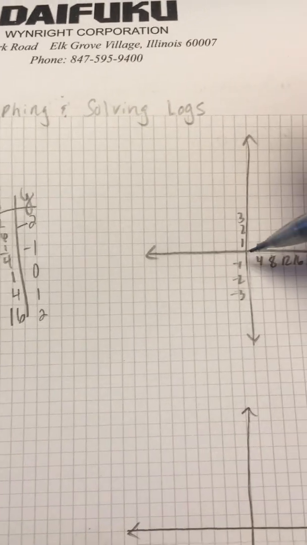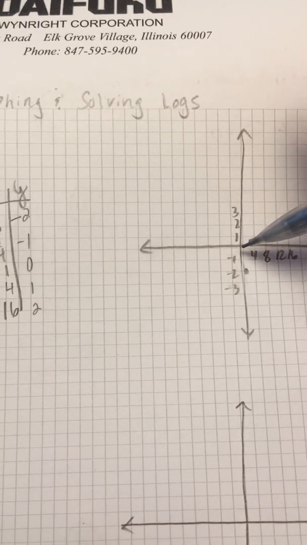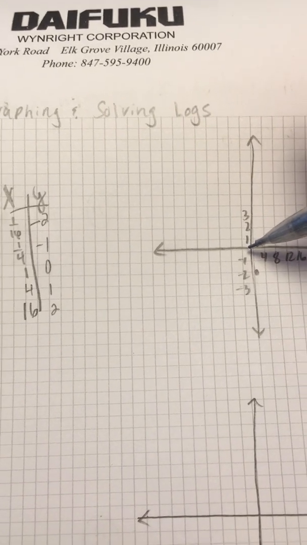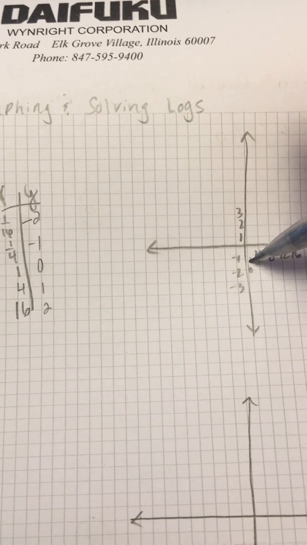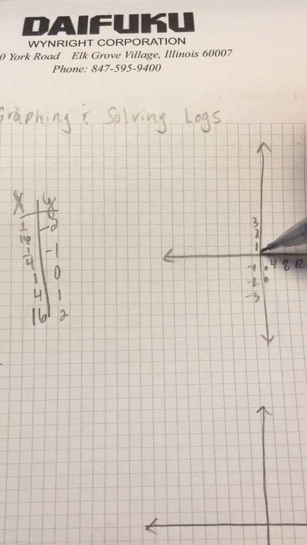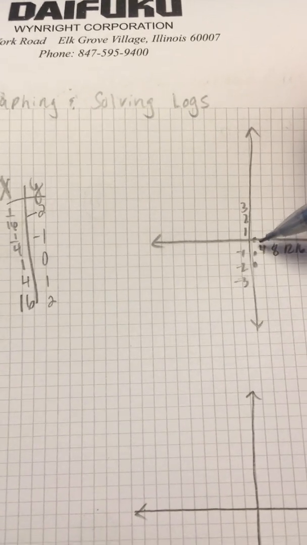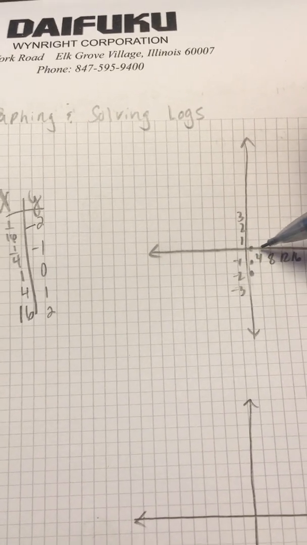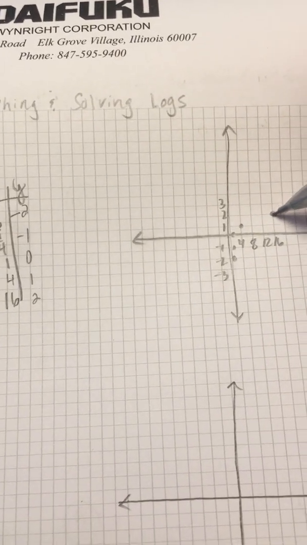So I'm going to move over a 16th and down 2. So this is what a log graph looks like. I'm going to move over a 4th and down 1. X first, over 1, stay at 0. Over 4, up 1. Over 16, up 2.